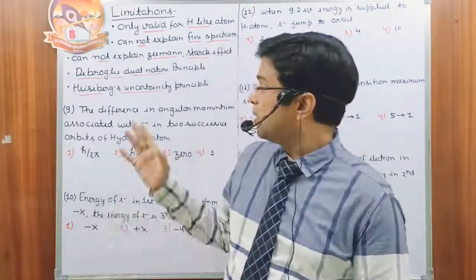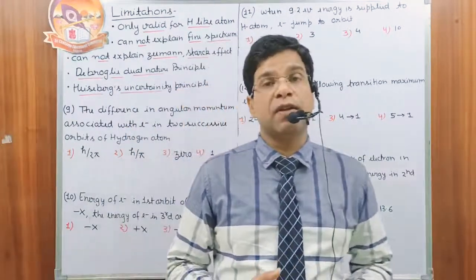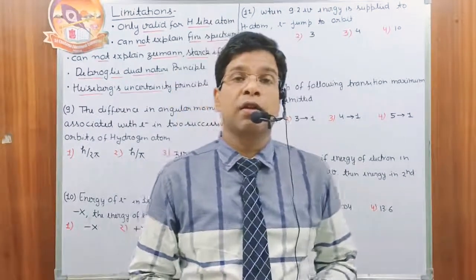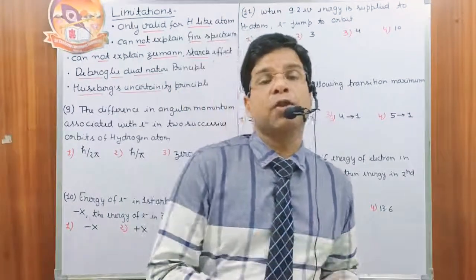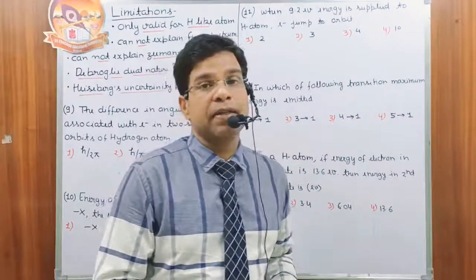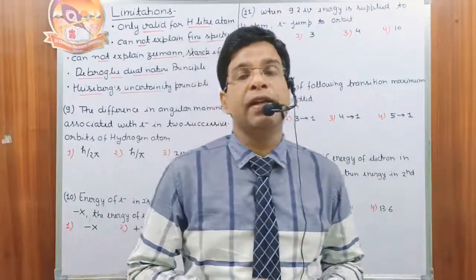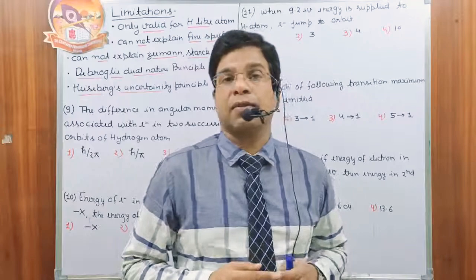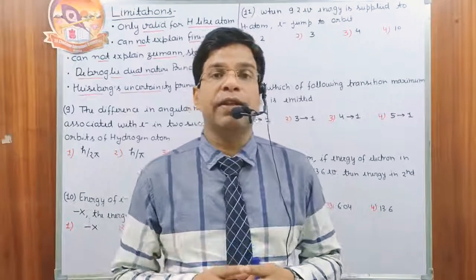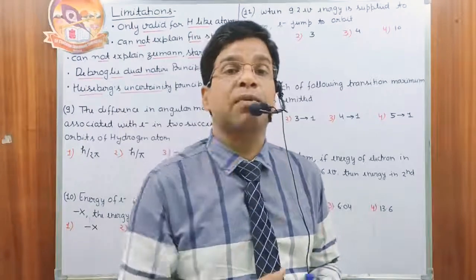The next one is the Heisenberg uncertainty principle. According to the Heisenberg uncertainty principle, it is impossible to calculate the momentum and the position of any subatomic particle simultaneously and accurately. There is always some uncertainty associated with the calculations. But Bohr's atomic model gives the exact formula of the velocity. If we know the velocity, we multiply it by the mass of the electron, we will have the exact momentum.